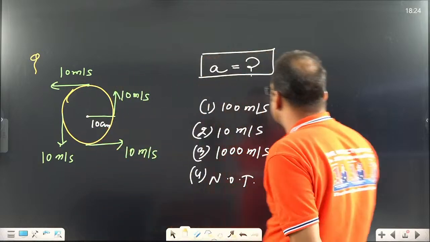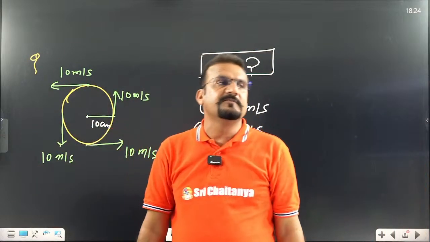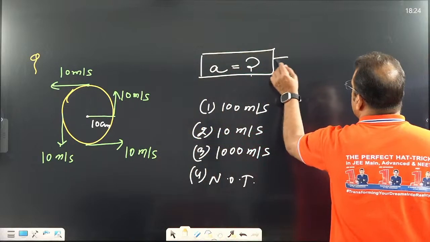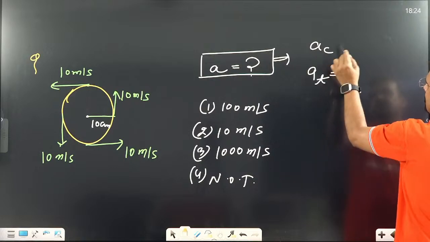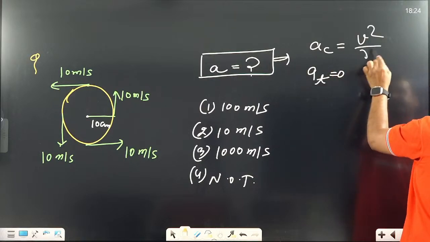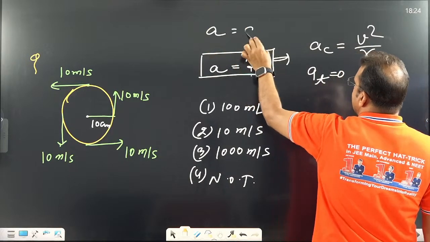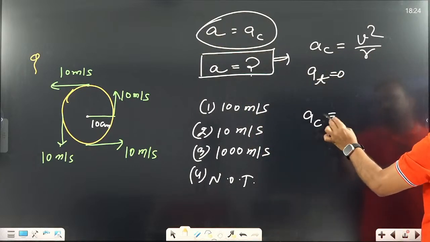Okay, dear student, what is the answer? See, in this question, you tell me 10 meter per second. Direction is variable but magnitude is constant. It means there is only one acceleration, sir. Which one? AC, because AT is going to be 0. What is AC? V square divided by R. So that means net acceleration is AC only, and AC equals V square by R. What is V?